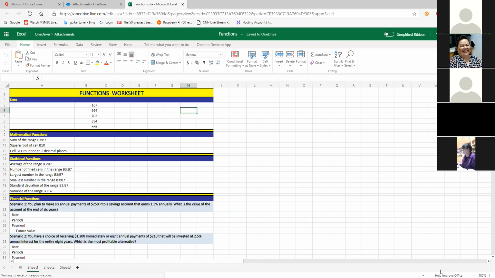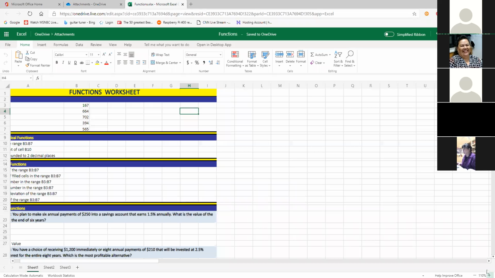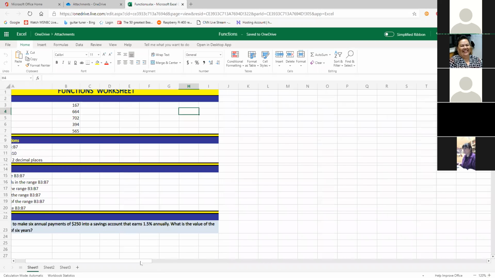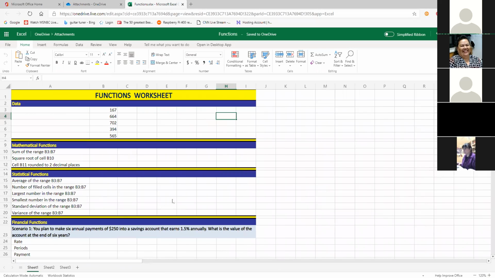And this is how it's gonna look. It's just a simple worksheet format for different types of functions found in Excel. I'll give you a few minutes to, if you're not getting it, let me know.